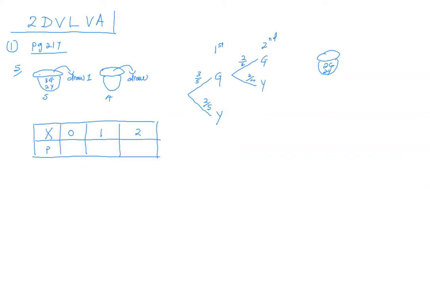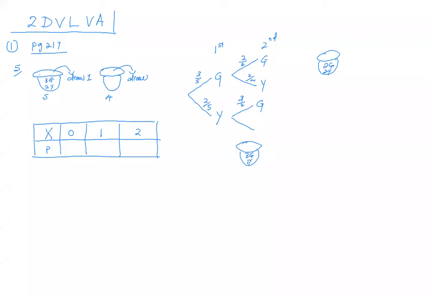Okay, if the first draw is yellow, then when I want to do the second draw, it will have 3 green and 1 yellow. Am I right? So the green will be, is it 1 out of 4?